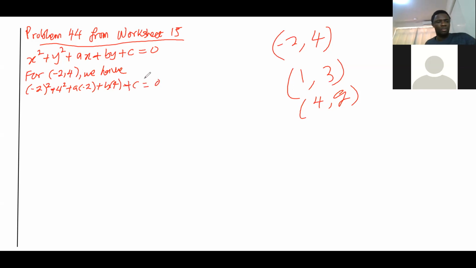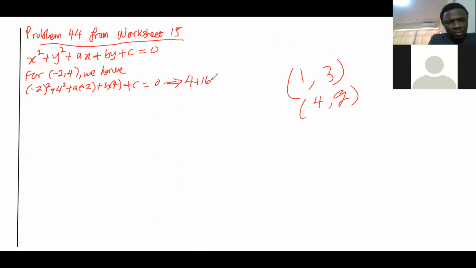Right? This implies 4 plus 16 minus 2a plus 4b plus c equals 0.